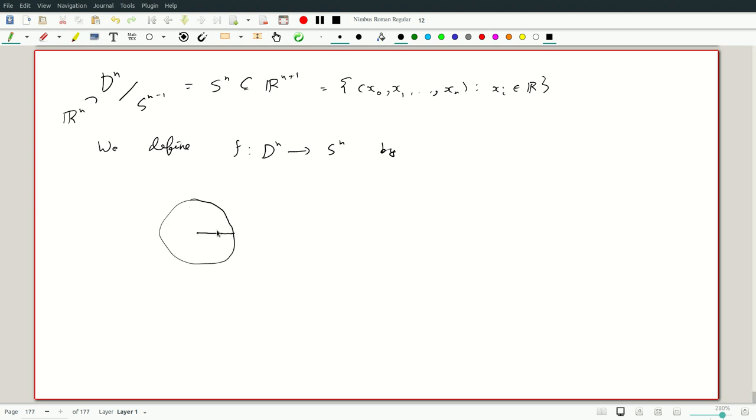We'll keep the radial direction, so the radial direction will go to the 0 coordinate. Let's say f of x1, ..., xn equals, let me just give them names, x0 hat, x1 hat, ..., xn hat. And x0 hat at the origin should go to, let's say, minus 1, and at the boundary will go to 1, or the other way around. Let's send the origin to 1. So x0 hat is going to be 1 minus 2 times the norm of x.